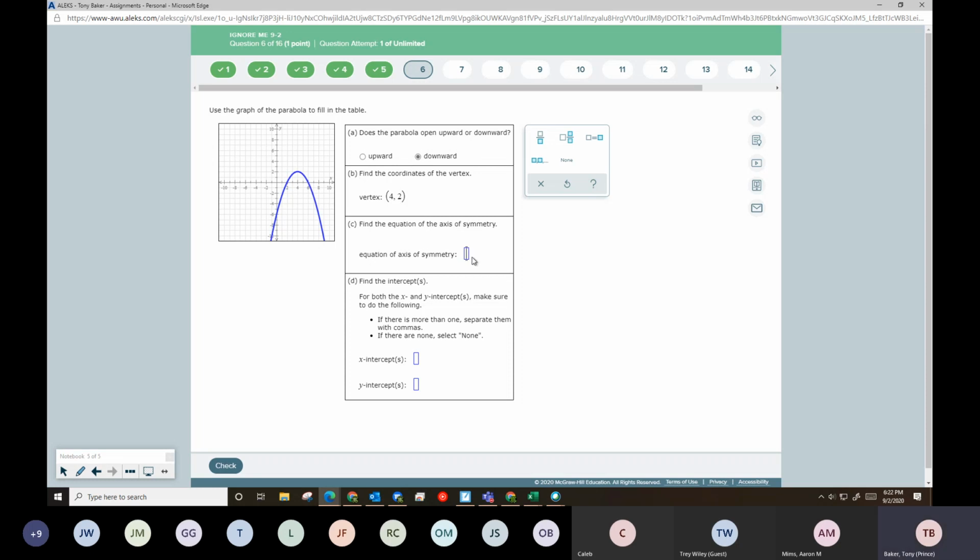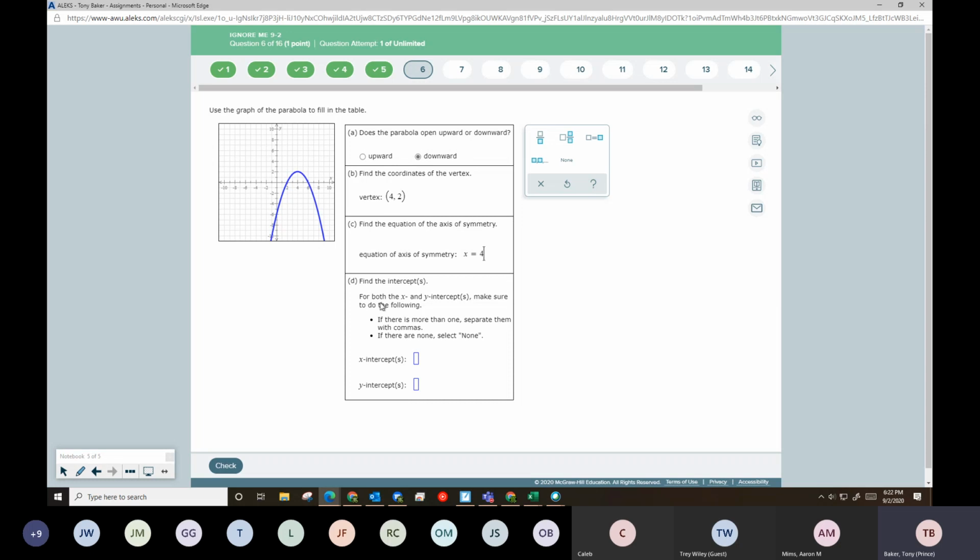The axis of symmetry is x equals. It's a vertical line that goes through the x-axis. So you have to put x equals, and it's going to go through 4. So it's always the x value of your vertex that is your axis of symmetry.